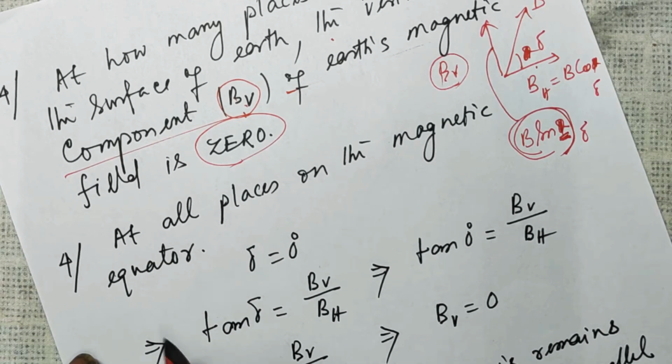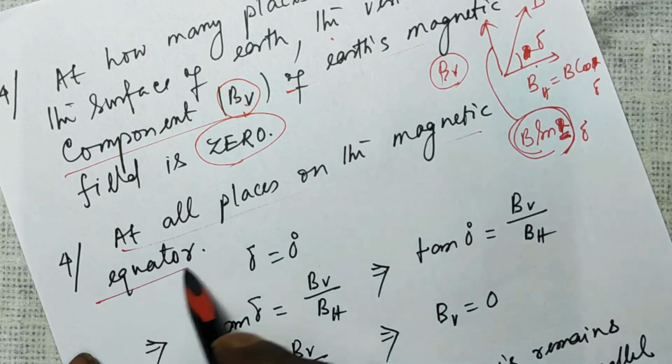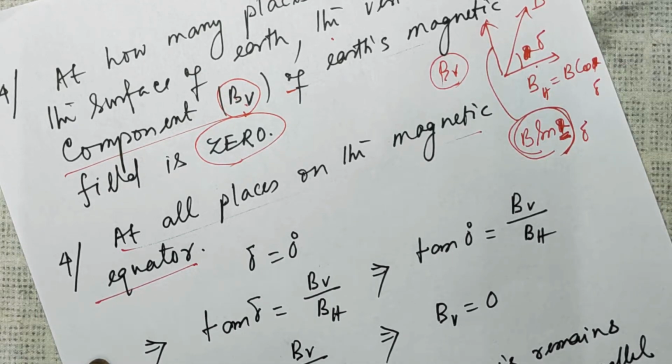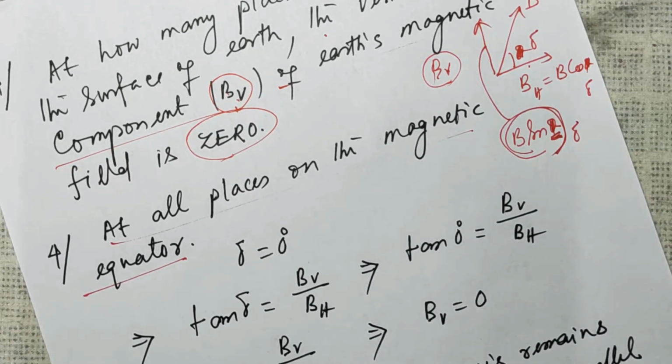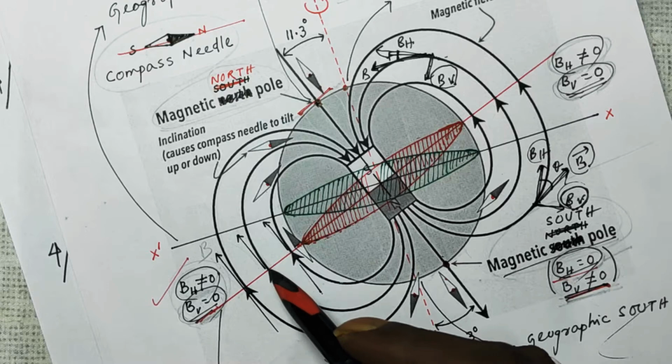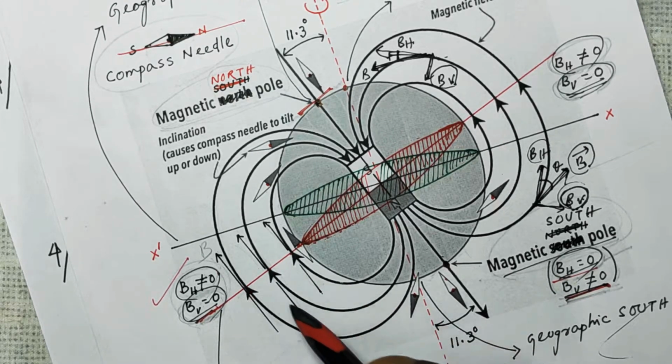So now come back. At all places on the magnetic equator, the needle was remaining totally horizontal, and when a tangent was drawn to the lines of force at all points on the magnetic equator, look at the tangent.